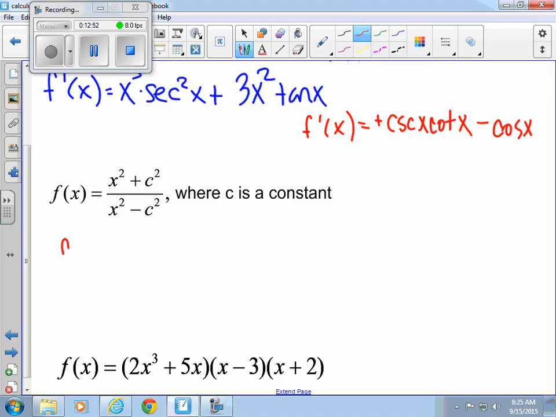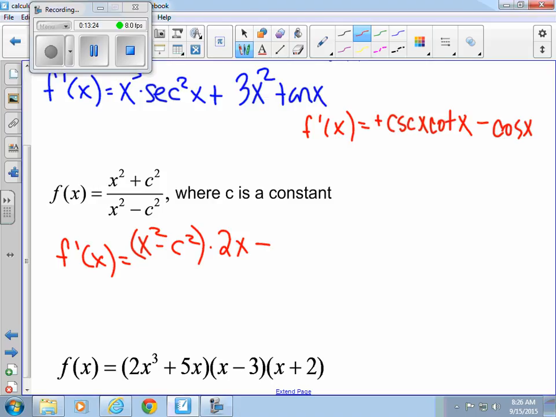So, the derivative. I'm going to do low d high. So what is the derivative of the top? Just 2x, right? The c squared goes away because it's constant. It's not a variable. We don't know what the number is, but it's just some number, whereas x is a changing quantity, a variable.